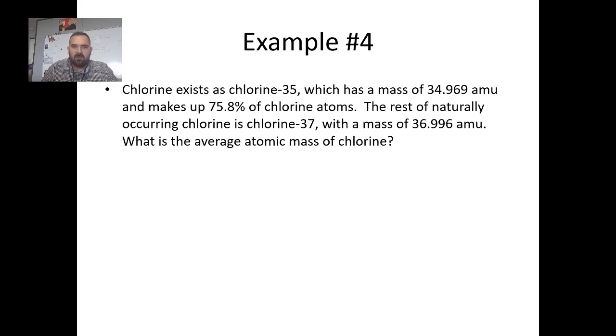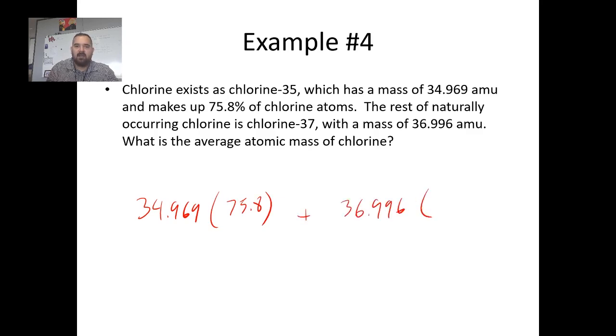All right, so for those of you at home, let's go ahead and solve this one real quick. So we got chlorine 35, which is 34.969, and then our percentage of that is going to be 75.8, and then we're going to add to that 36.996, and then our percentage for that. So if one of our chlorine isotopes is 75.8, for the other one we're going to have to do 100 minus 75.8, which leaves us with 24.2.